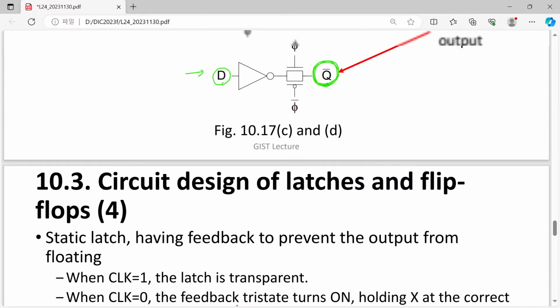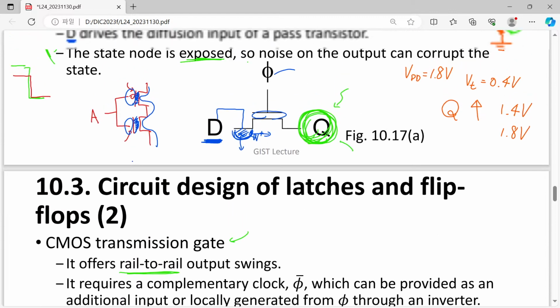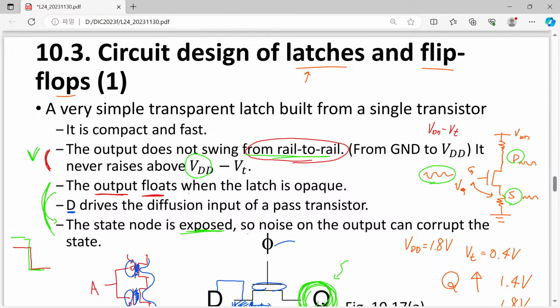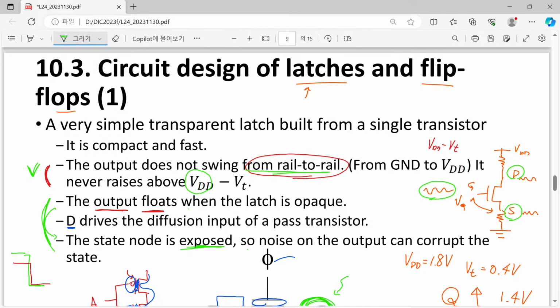But the most important thing we have to keep in mind is that even in that case there is no guarantee of keeping the output.